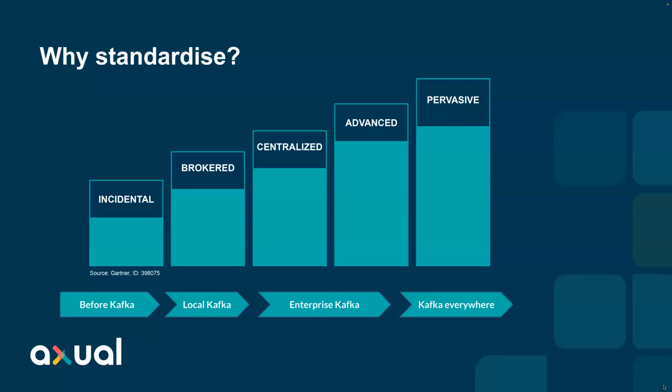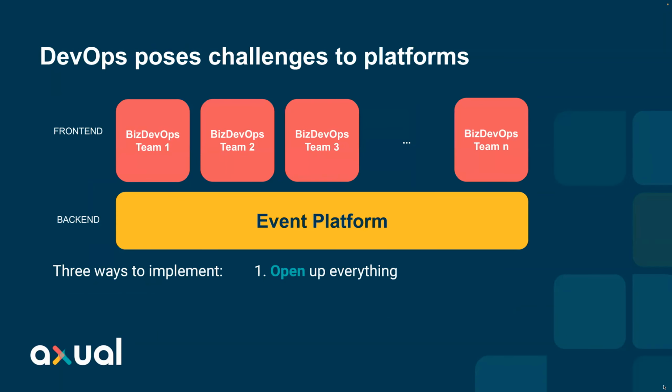It's just that if you implement this centralized Kafka, a lot of companies typically get stuck there, because it proves that centralized Kafka is not so easy to implement. And why is that? Well, due to a number of reasons.